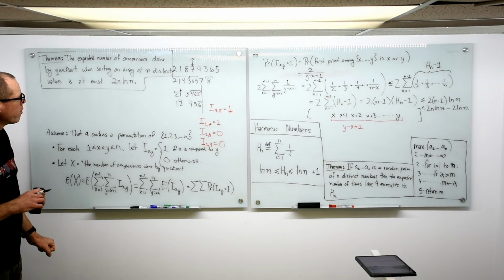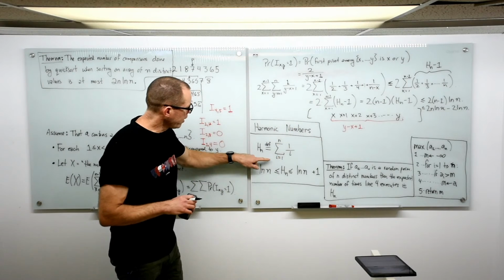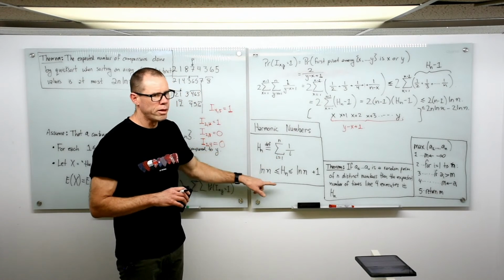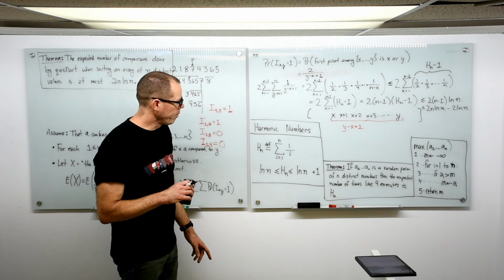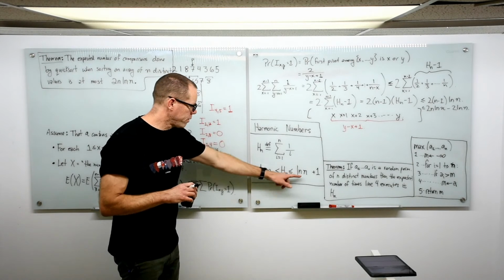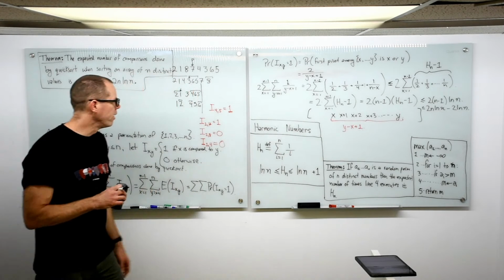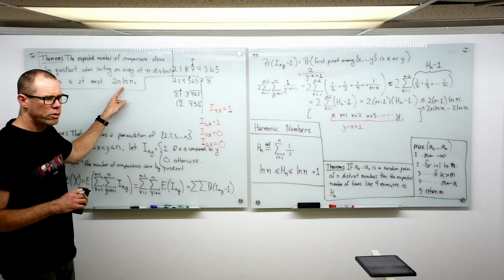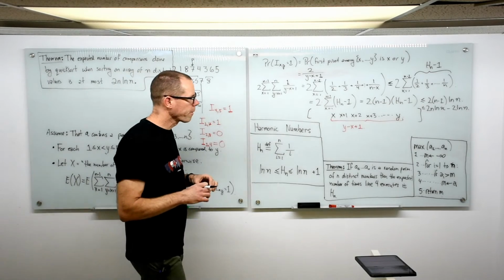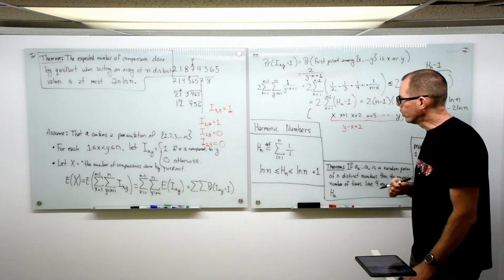Well, it comes because we're approximating the harmonic number by the natural logarithm. So it's a decent approximation. It's very close to the truth. In fact, it captures the most important term in the number of comparisons, which is 2n natural logarithm of n. All right. So that's about Quicksort.